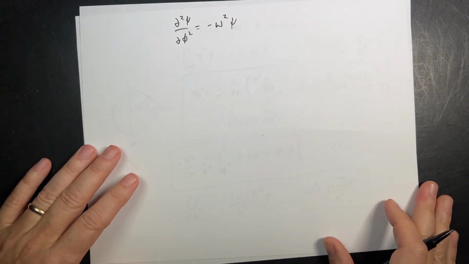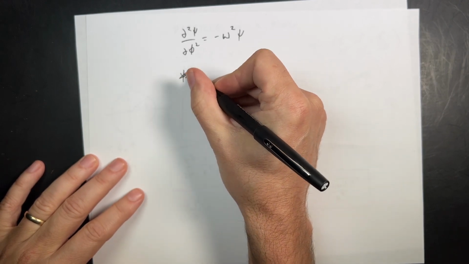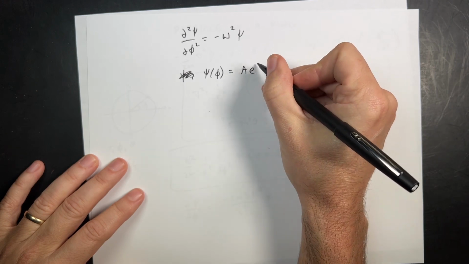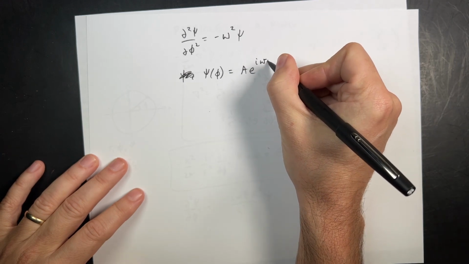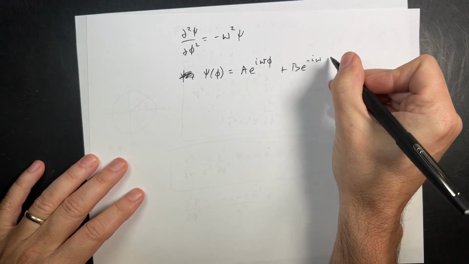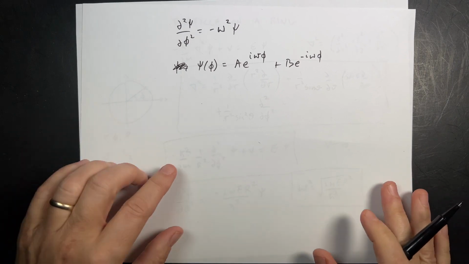So I could say that psi as a function of phi is a e to the i omega phi plus b e to the minus i omega phi. It could be a linear combination of those two solutions, right?